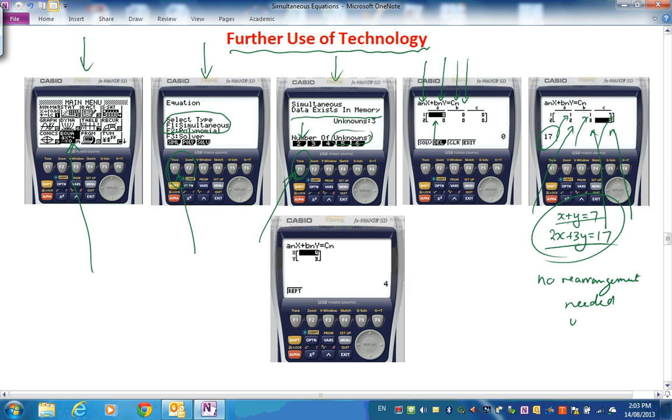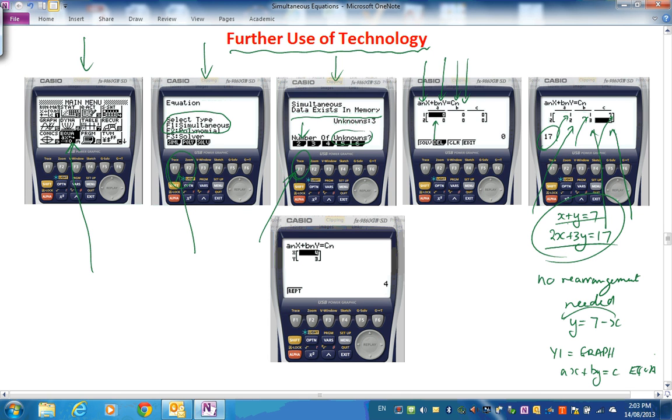Of course, if you have something like y equals 7 take x, this won't work in equation mode. So you've got to put that back over. So there's a form for each. You want an explicit function, y1 equals, in graph mode, and you want the general form, ax plus by equals c, for equation mode. So nothing's perfect.